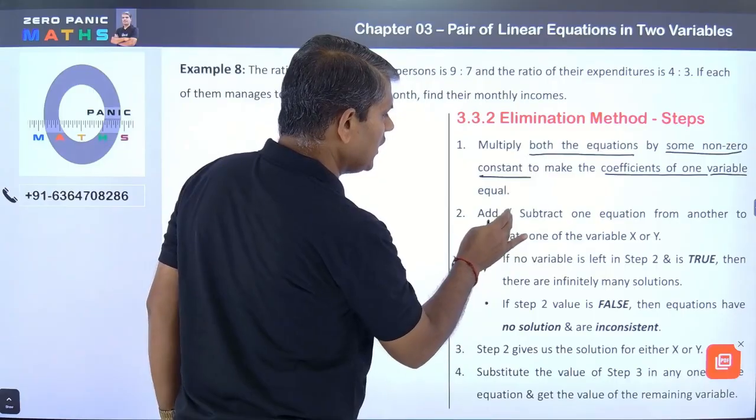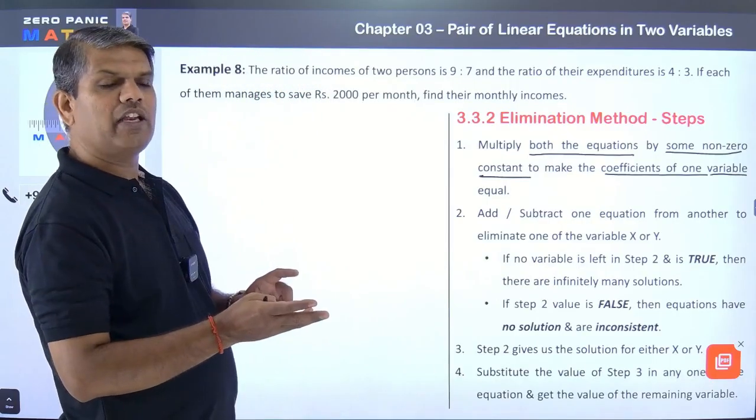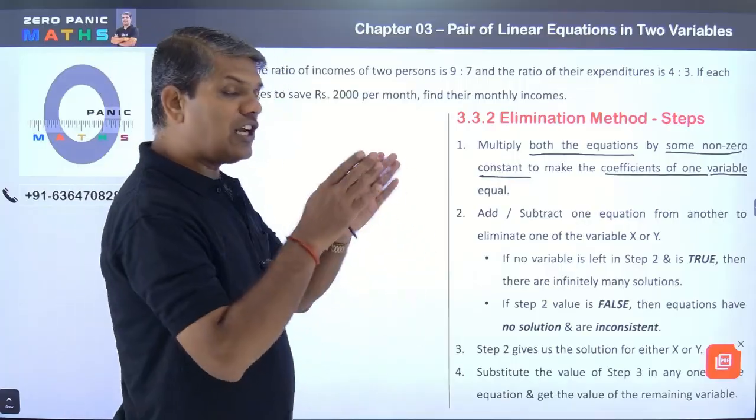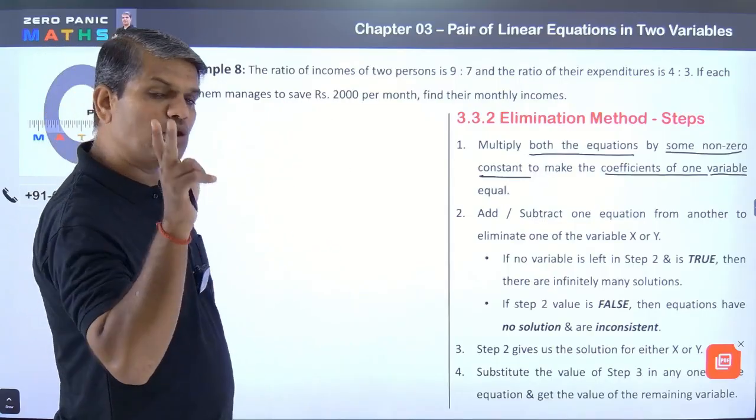In addition to eliminating one of the variables, the second step gives two more results. After you subtract or add one equation from another equation, there can be two other possibilities.